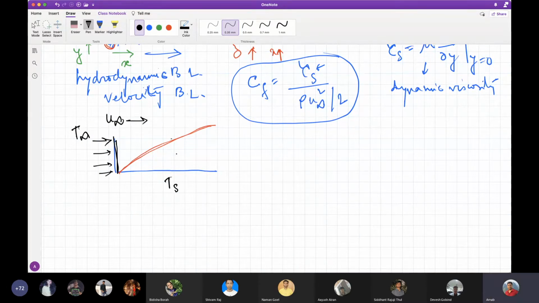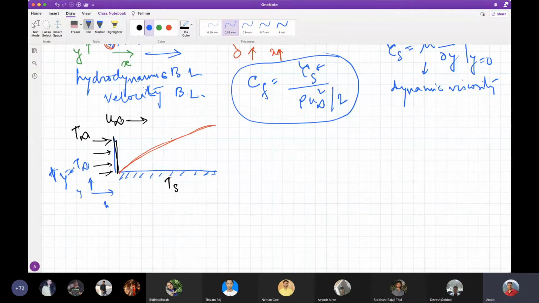So say consider initially the plate, or the surface on which the fluid is flowing, is isothermal and has a temperature Ts. At the leading edge, the temperature profile is uniform, which means T(y), if we consider this direction y and this is x, is basically T infinity.